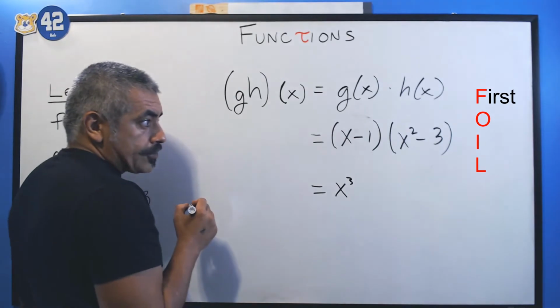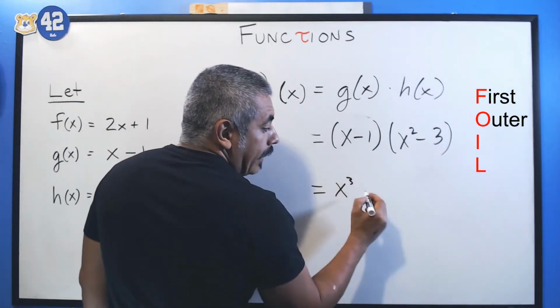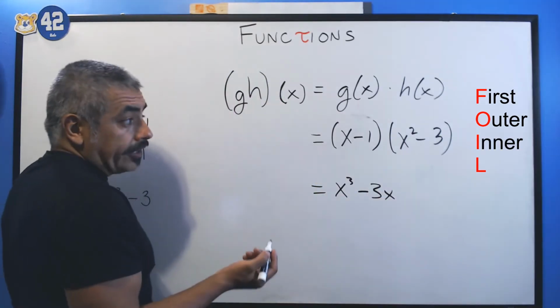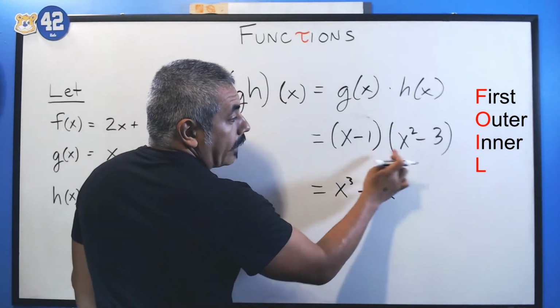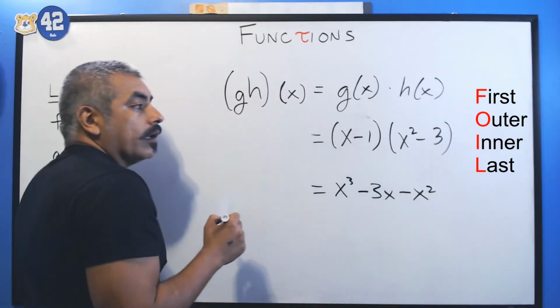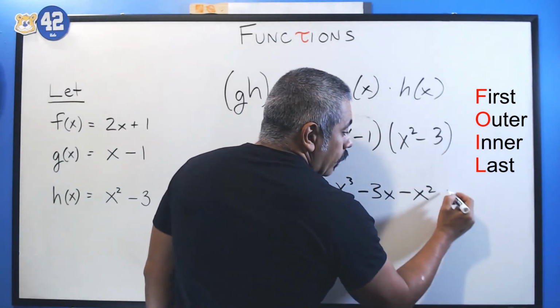So that's our first terms. Outer, x times negative 3 is minus 3x. Inner, negative 1 times x squared is negative x squared. And last, negative 1 times negative 3, which is positive 3.